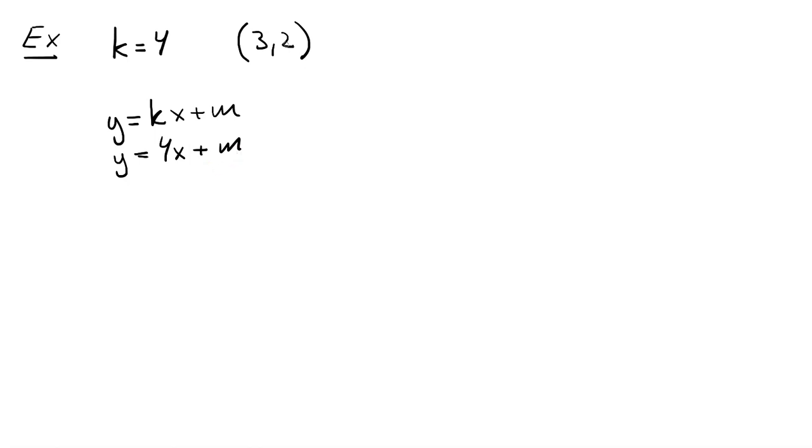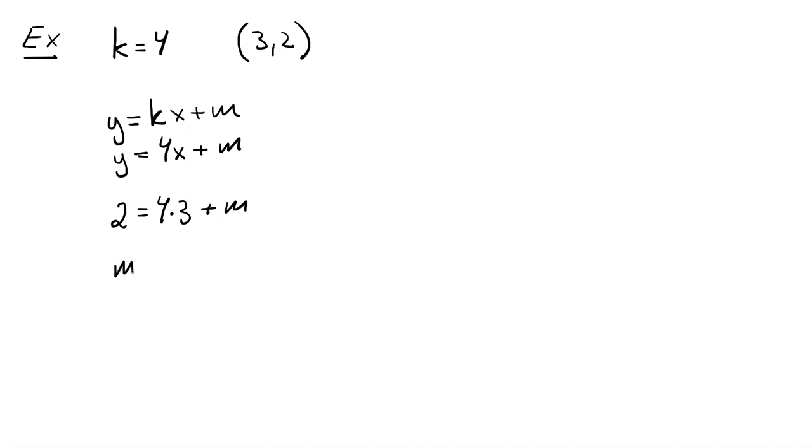We know that this point should lie on the graph of this function. That means that if I plug in 3 here as x, then y should be equal to 2. So if this lies on the graph of this straight line, meaning that if I plug in 3, I should get out 2. So this must hold, since that point lies on the line. And here we have an equation in terms of m.